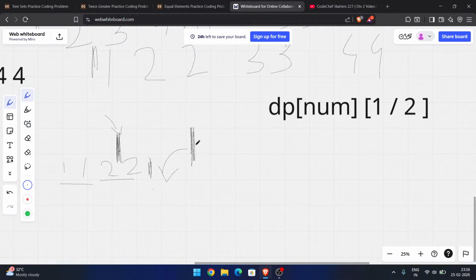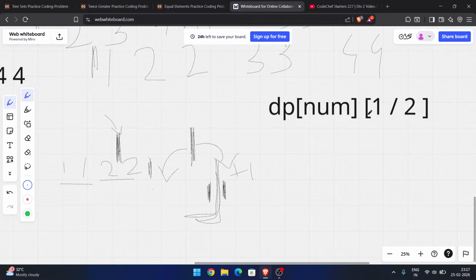The second case is that I can append it to an already included one. If I know the best answer before this, then I would simply increment it by 1 plus 1.